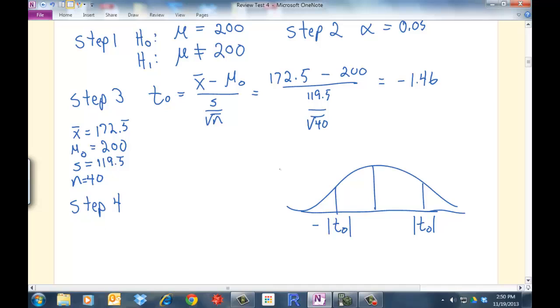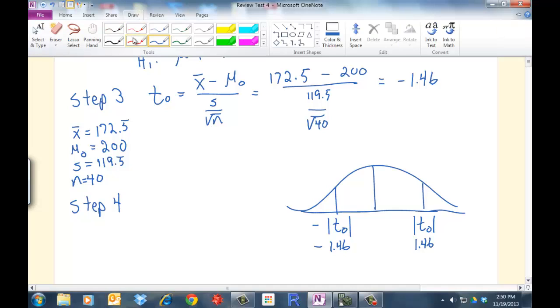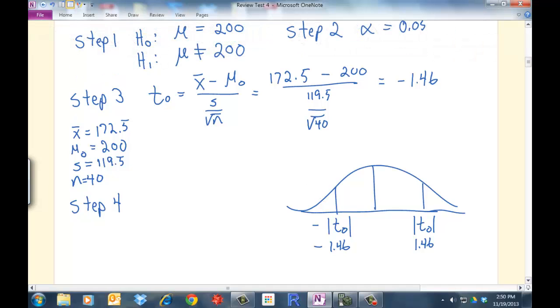And so t0 is 1.46, so we have 1.46 and minus 1.46. And this area here plus this area is the p-value.